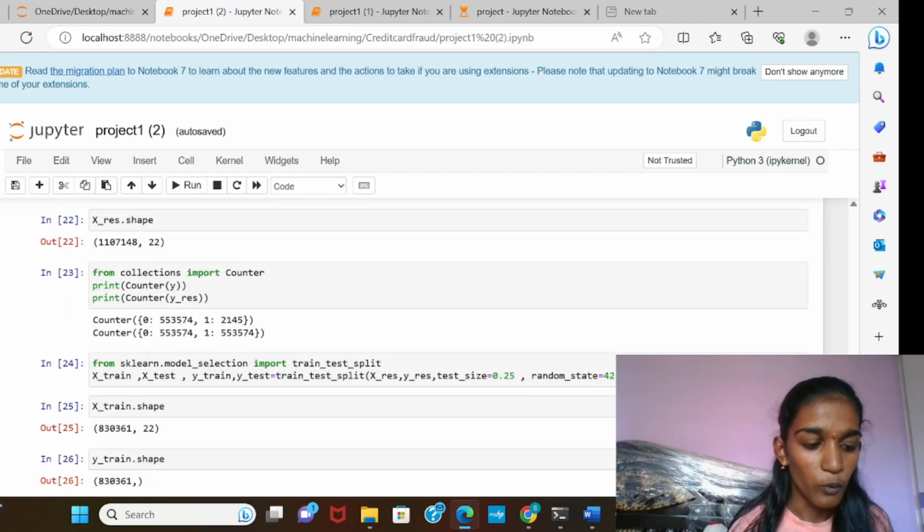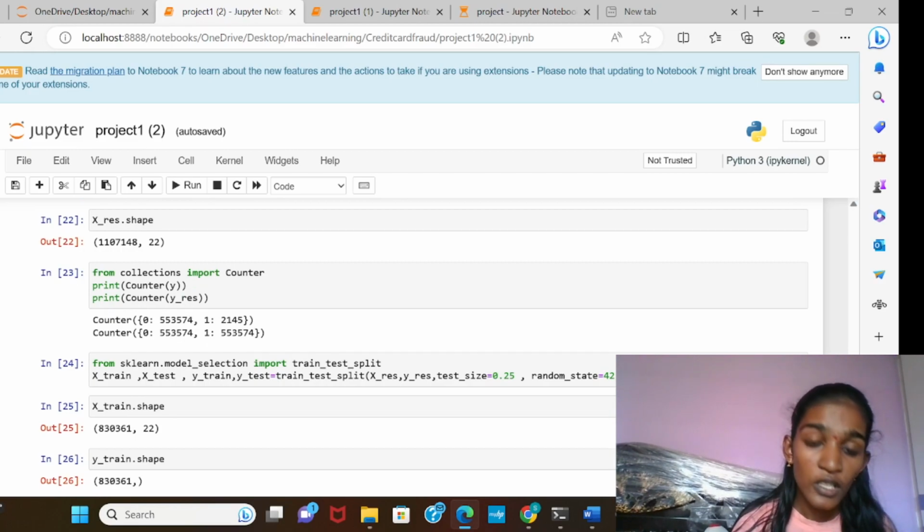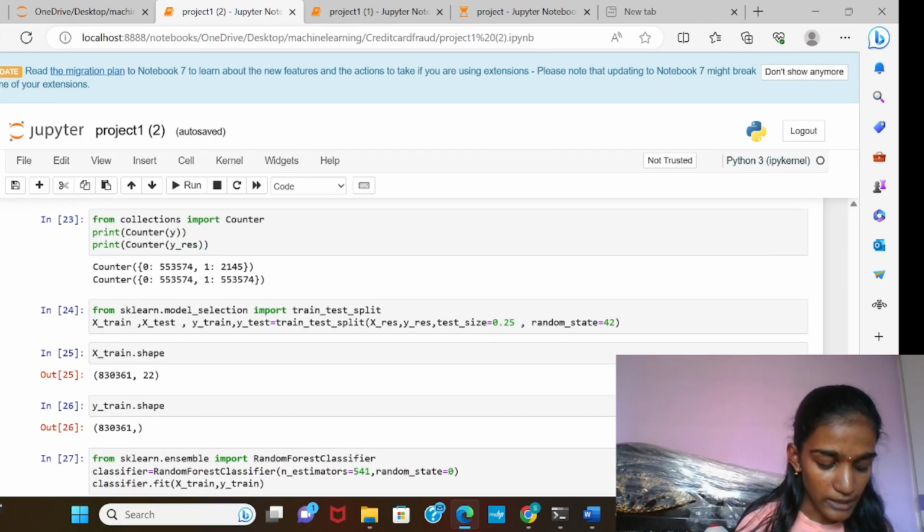Then we have used Counter. Counter is used to say how many times the value 0 is repeated and how many times the value 1 is repeated. Then we have split the dataset into training data and testing data.